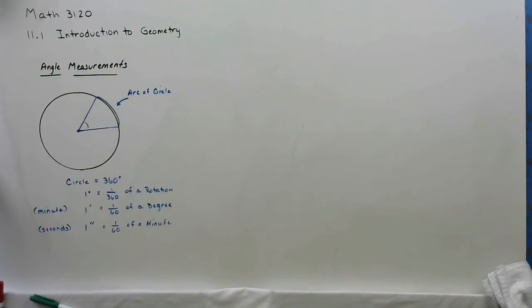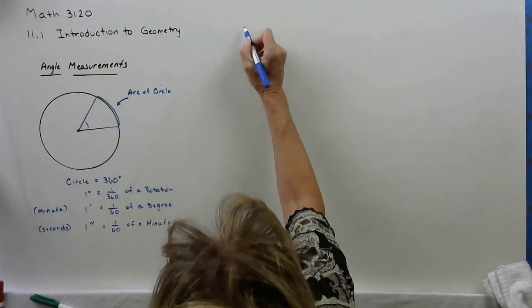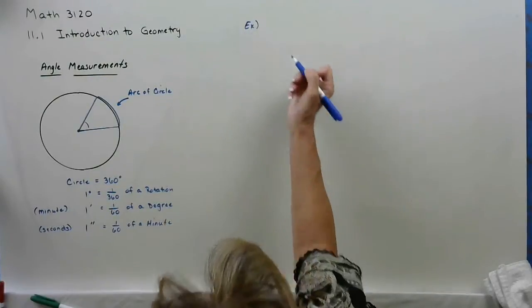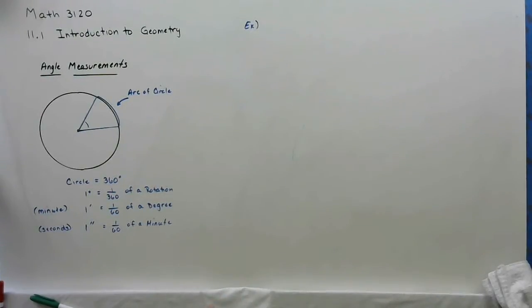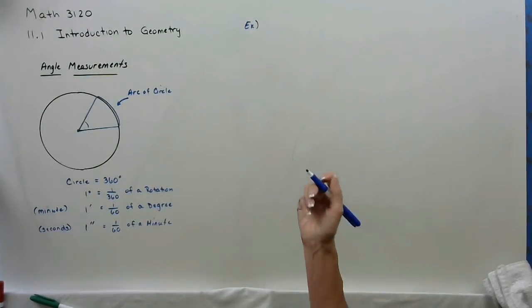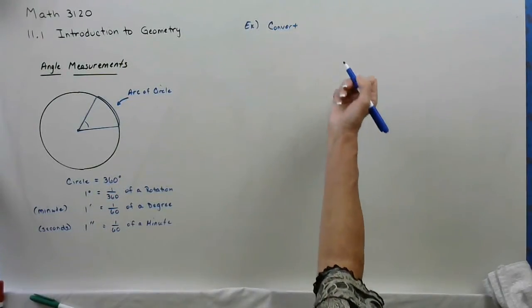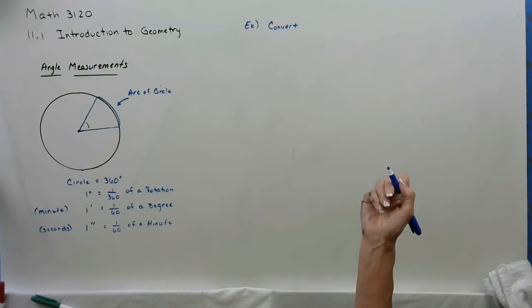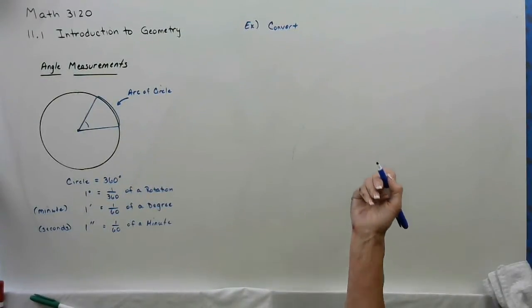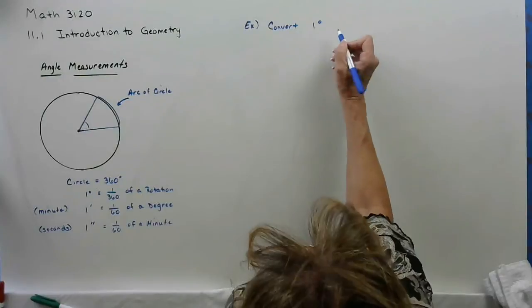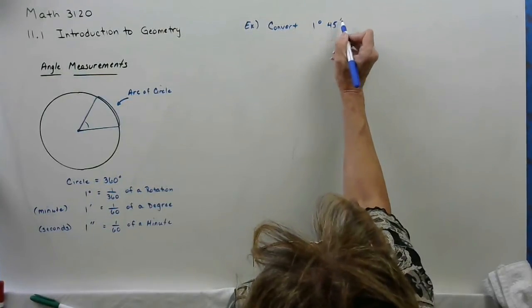So before we go on, I want to take the idea of degrees and circle and convert and practice changing. All right? So we're going to do a few little conversions. What I would like to do is to convert 1 degree 45 minutes to degrees. 1 degree 45 minutes.